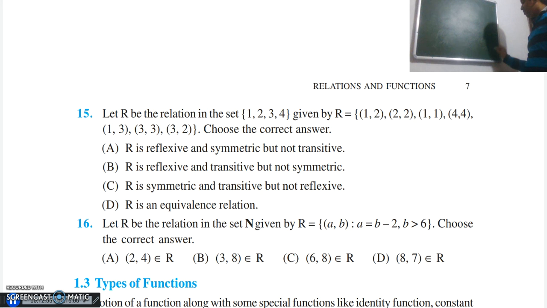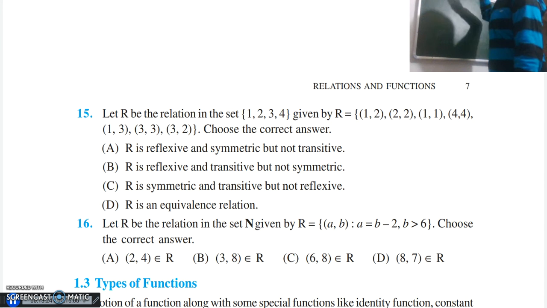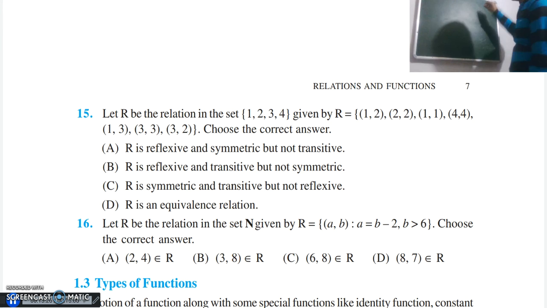If we are clear till here, then we can easily define it. Now we would say every element in the domain, or you can say pre-image, has a unique, meaning one and only one, image. So I can define: every element in the domain has a unique image in the codomain. Unique means one and only one image.